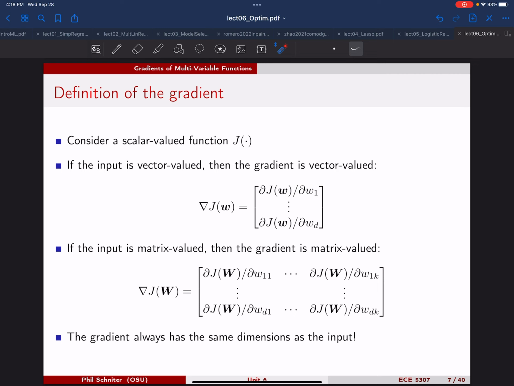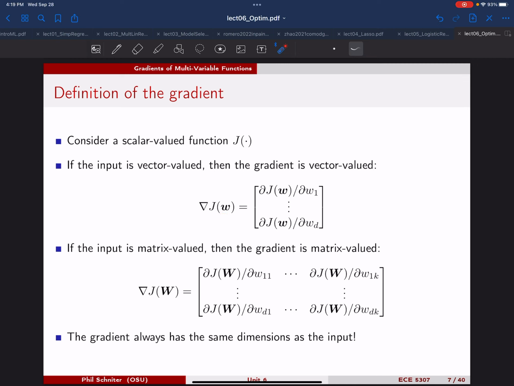The top one is dj dw1, and so on all the way to the bottom, dj dwd, assuming that w goes from w1 to wd. Whatever the shape of w is, that's the shape of the gradient.